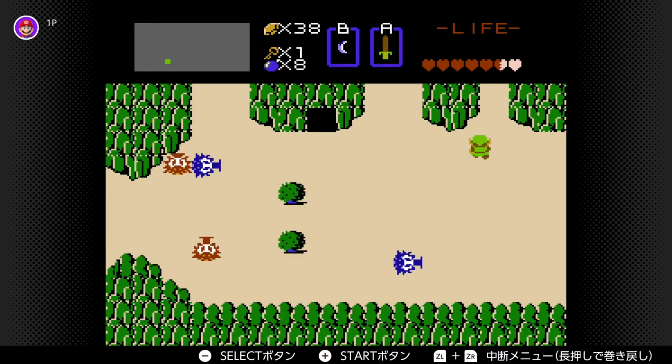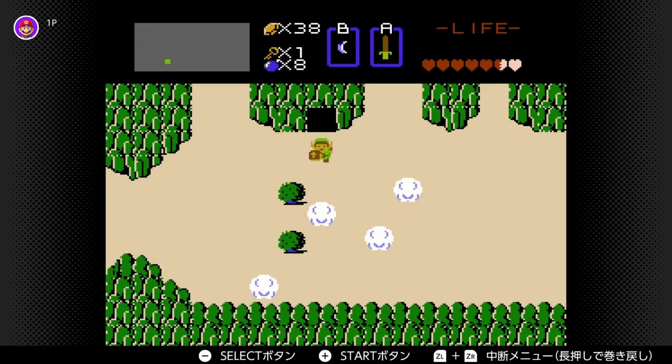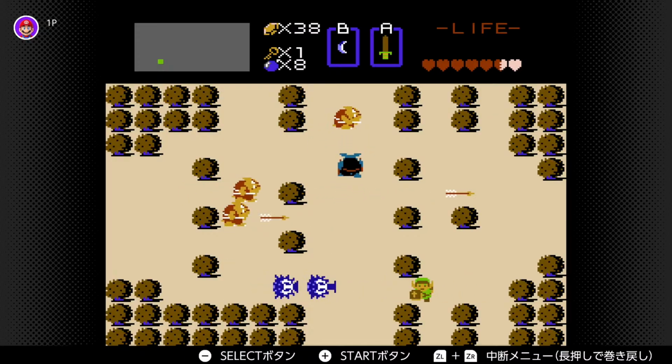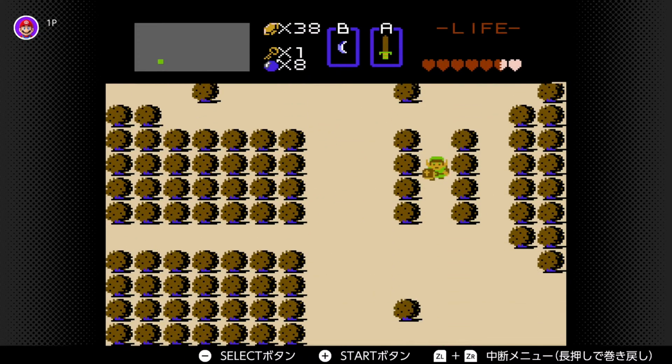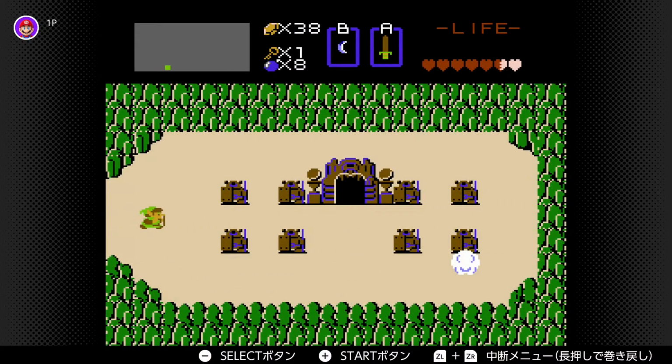Let's see what's inside this cave. Again the old woman with the medicine. But we already have it. Okay. And I'm pretty sure. Yep. And here is level 3.